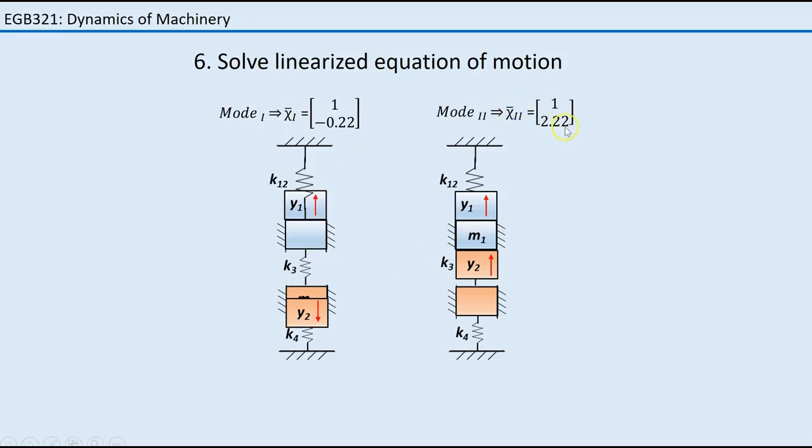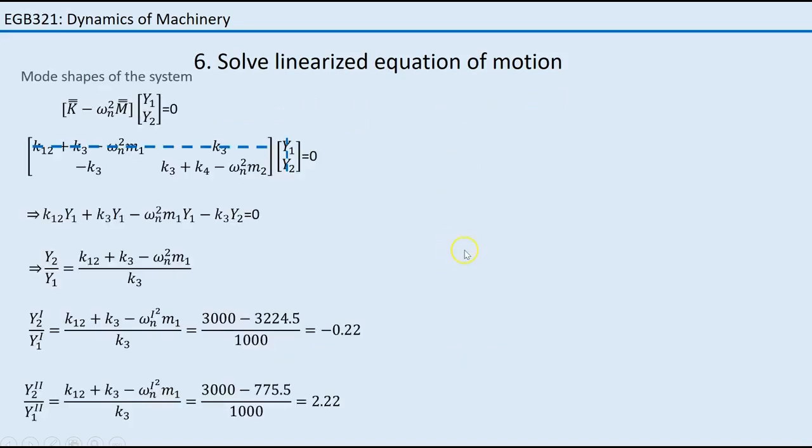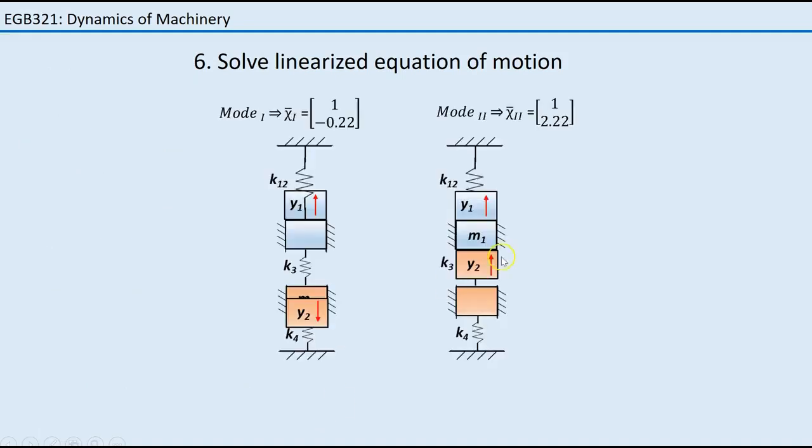Alright, for the second mode, which is denoted as chi2, the first element is 1, and the second element is the second ratio, which we get as 2.22. Because this is a positive ratio, mass 1 and mass 2 displacements will be in the same direction.